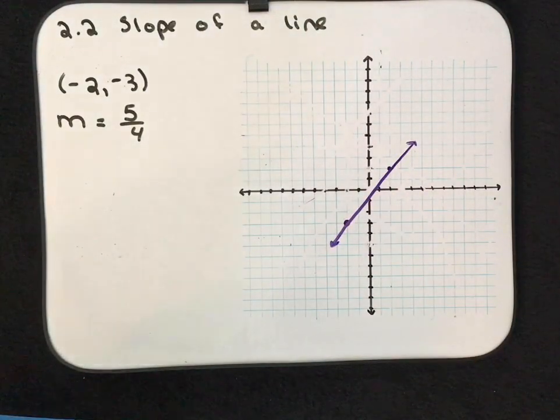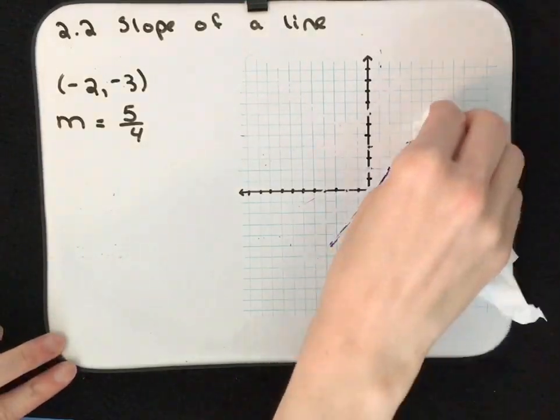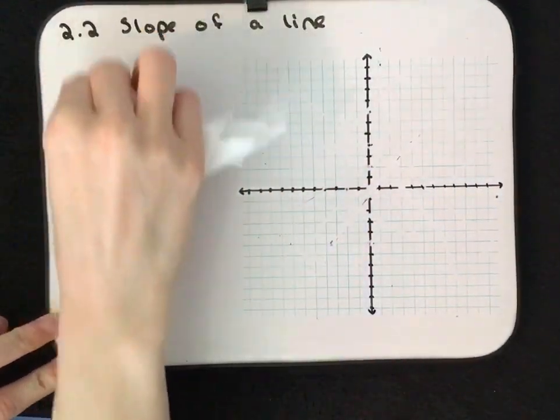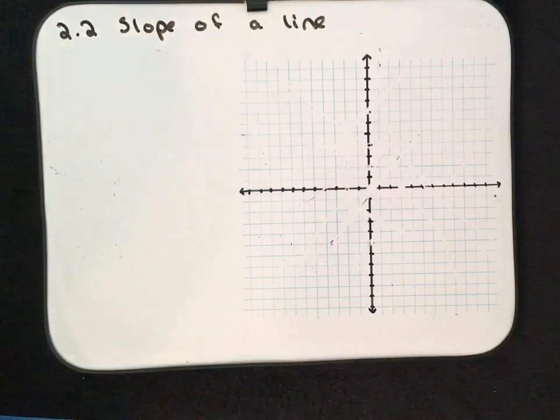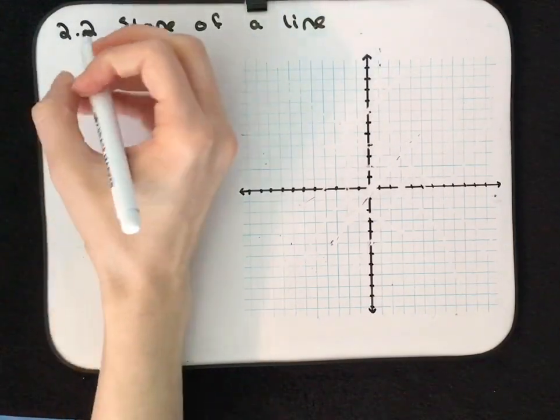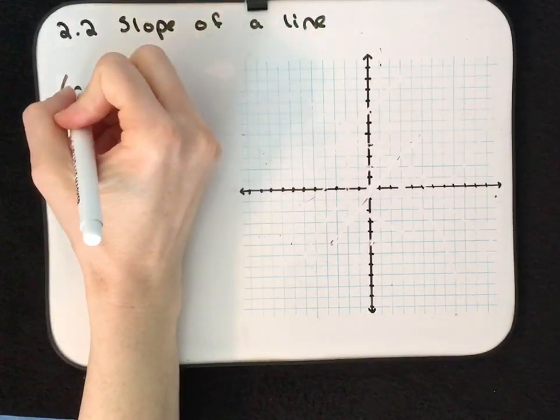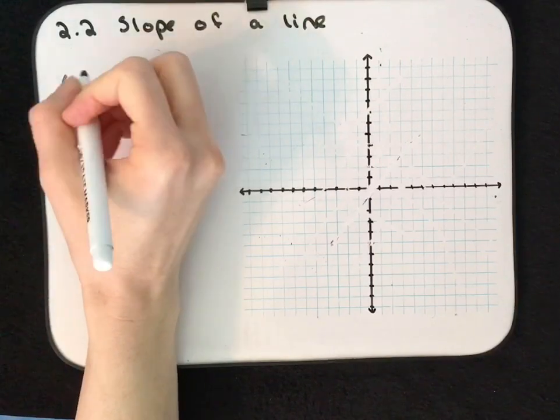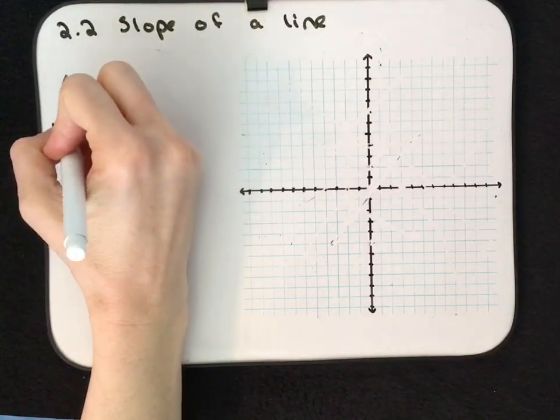Let's try again. So let's say we're looking for it to go through the point -4, 1, and this time we want an undefined slope.